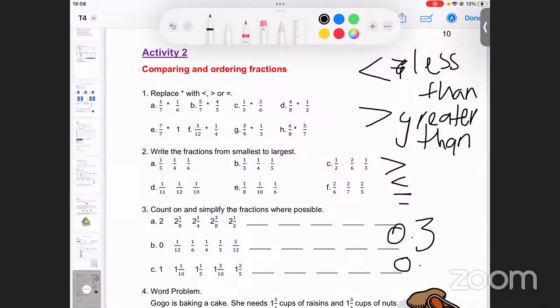If you get 0.4, then you see that 1/6 is bigger than this one, so that means 1/7 is going to be less than 1/6, right? Do you guys get it? Yes. Do all of you get it? Yes. Okay, cool.